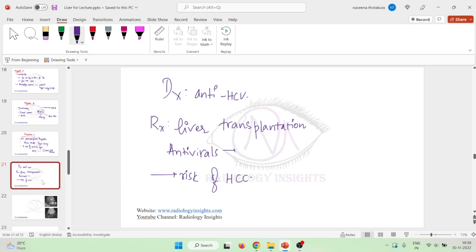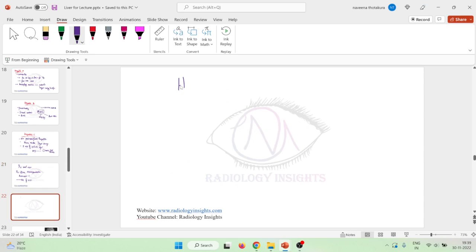Then the next type of hepatitis is hepatitis D. This hepatitis D is also called delta hepatitis. Actually, hepatitis D cannot occur in nature alone.